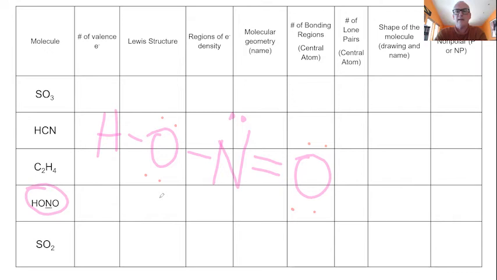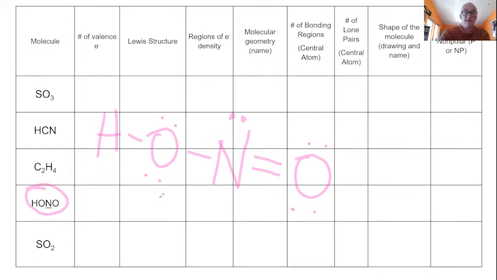So how many regions of electron density are around the central atom? How many different places are you going to find electrons around the nitrogen? 3. 3, right.